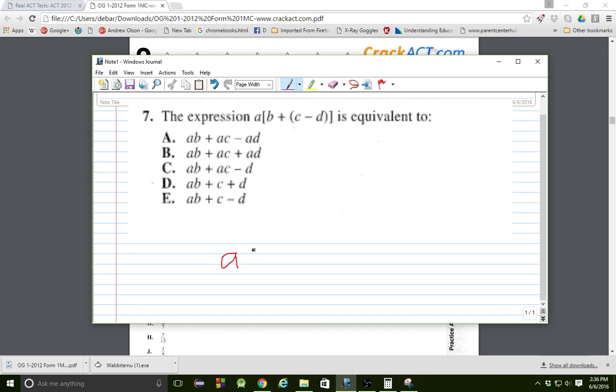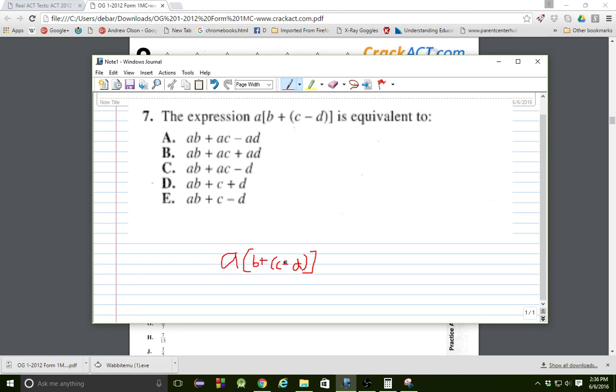A times B plus C minus D in parentheses, and then we close the bracket.